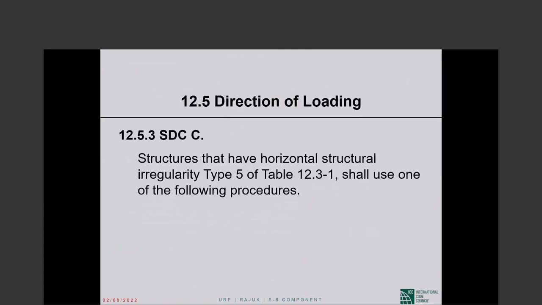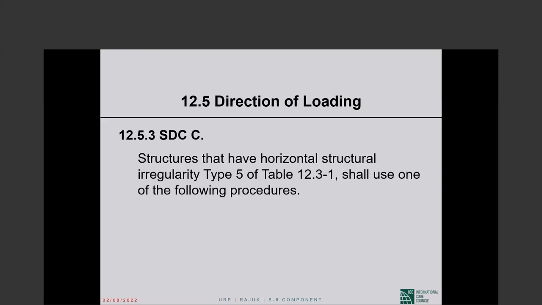Design category C. What is true of design category B is also true of design category C, and something else is true. So for design category B, applying forces independently in each orthogonal direction was fine. Design category C, that is still fine unless you have a structure that has horizontal irregularity type 5, non-parallel seismic force resisting systems, that we are discussing.